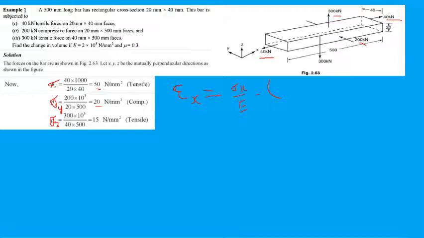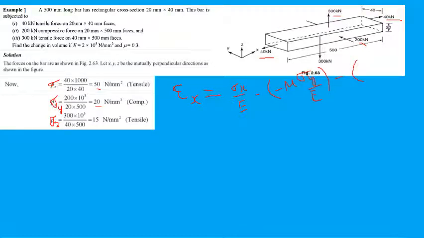Now for the next direction, the y-axis, we are applying compressive load, therefore minus again, since it is a lateral strain, mu into sigma y divided by E. Next, again minus because it is a lateral strain.